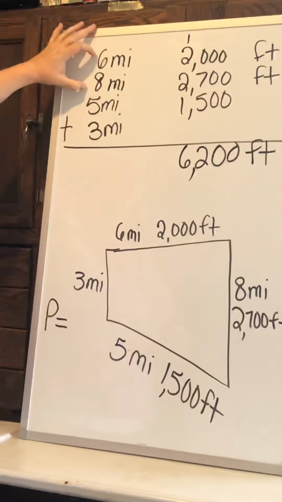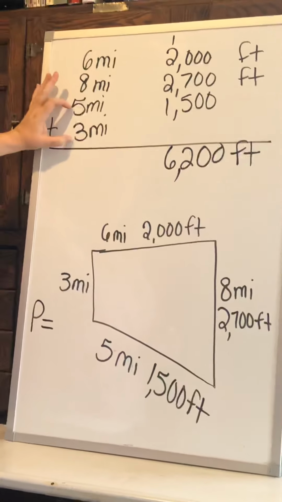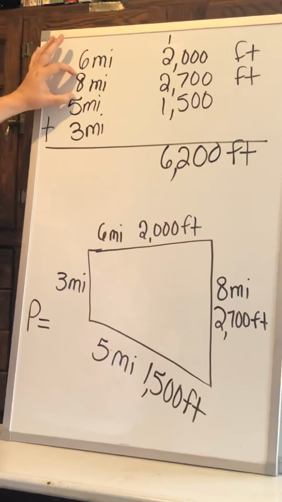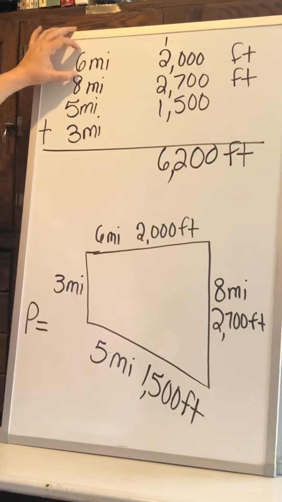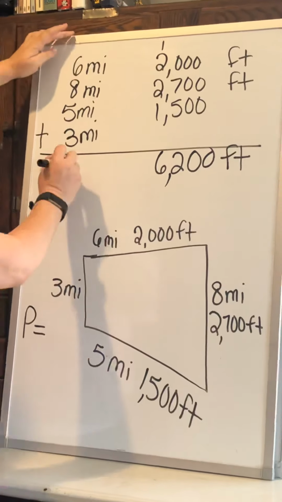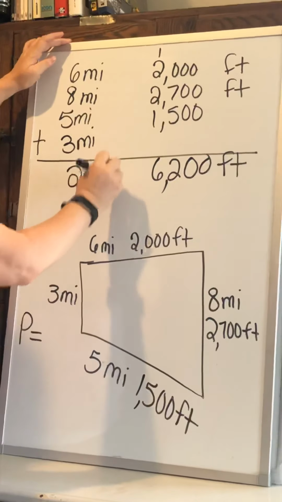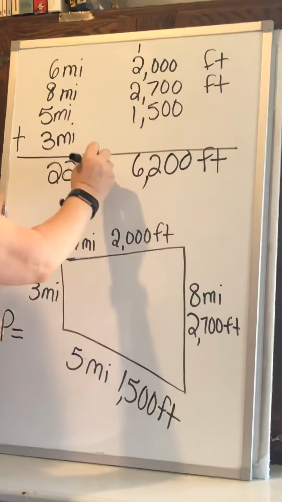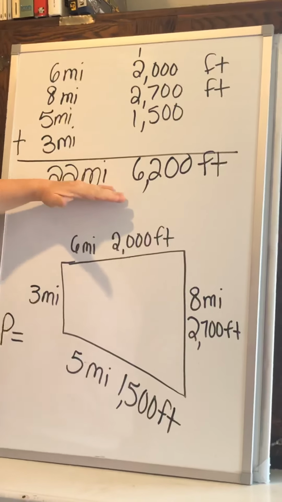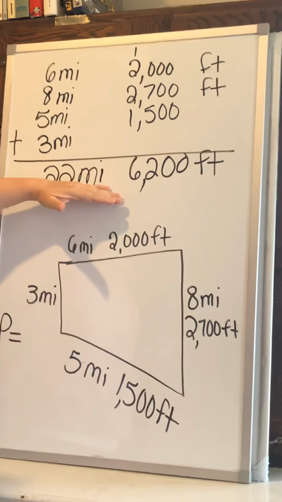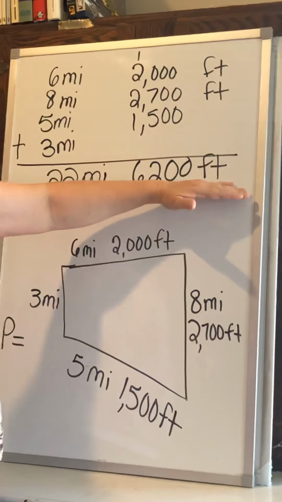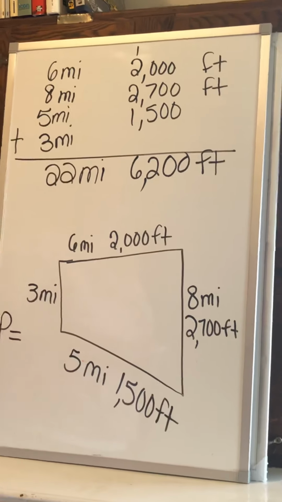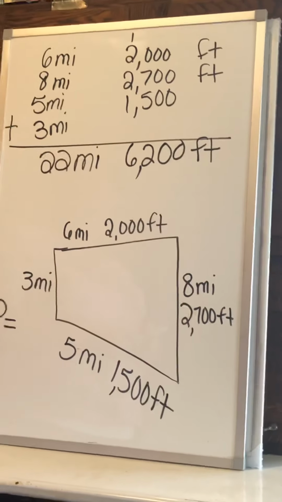Start adding them up. 5 plus 3 is 8. 8 plus 8 is 16. 16 plus 6 makes 22 miles. So the perimeter around this whole figure is 22 miles, and miles is mi, small m, small i. Feet, of course, is ft. So 22 miles and 6,200 feet.